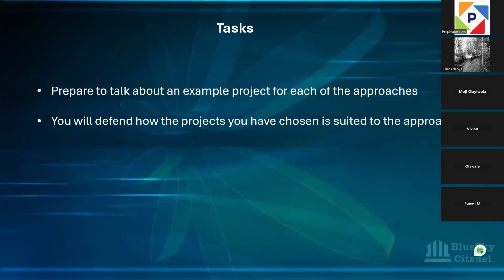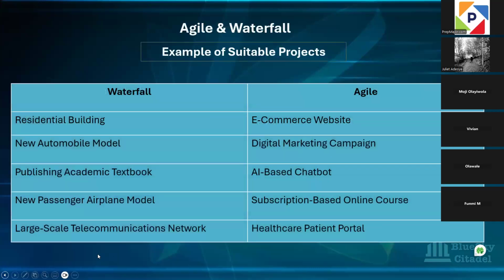So we're looking at Waterfall and Agile, and then you provide an explanation of why you think either of them that you picked for the project you're going to talk about is suitable for them. Just as I've done with the previous one that I talked about, I made mention of all these projects and I explained why the approach, either Waterfall or Agile, is suitable for them.